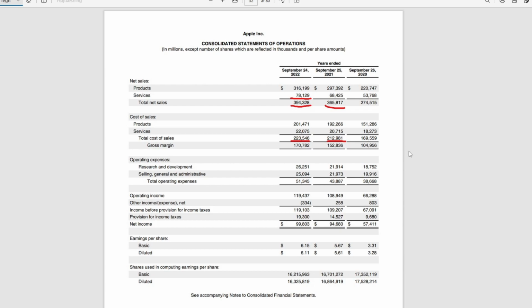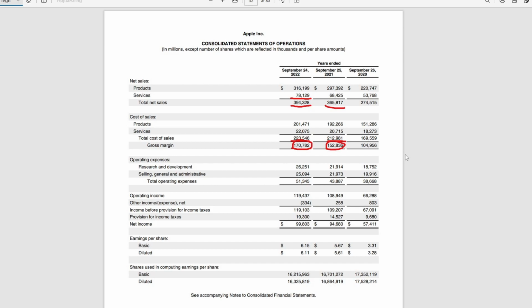Now let's take a look at the gross profit section. Apple's gross profit for 2022 was $170 billion, up from $152 billion in 2021. This represents the profit that Apple made from selling its products and services before deducting the operating expenses.